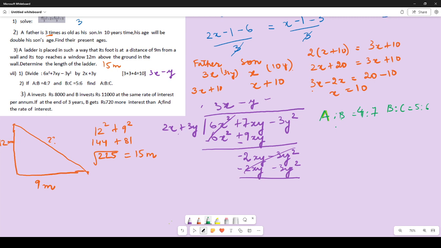Now for that we need to equate B. That means we need to bring the same quantity for B. So what do we have in B over here? 7 and 5. So let us multiply 4 by 7 by 5, and over here 5 by 6 by 7, so that we get a common quantity for B. So what do we get? 20 by 35 over here, 35 by 42.